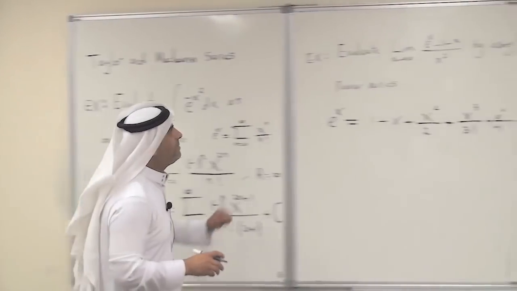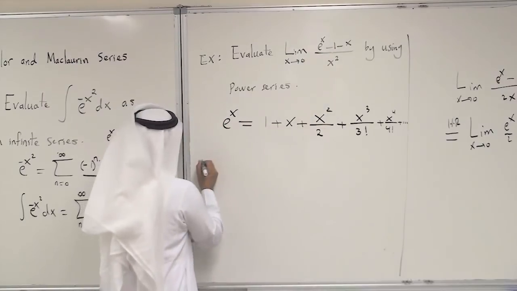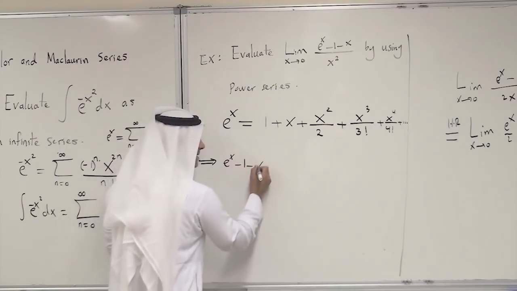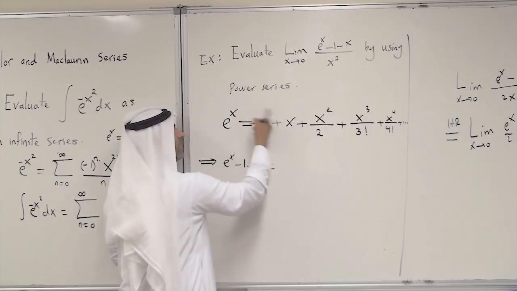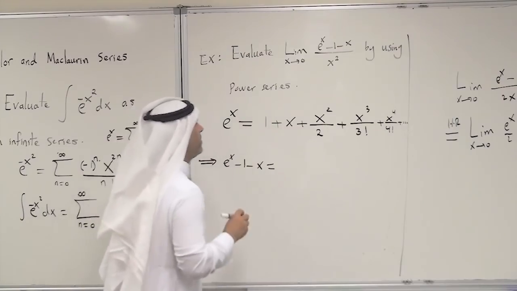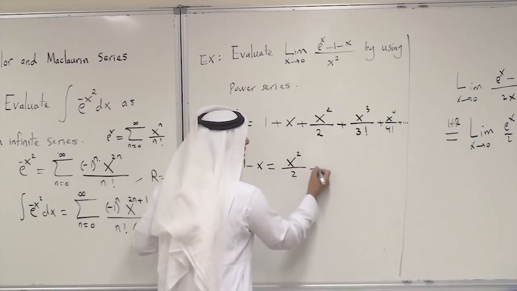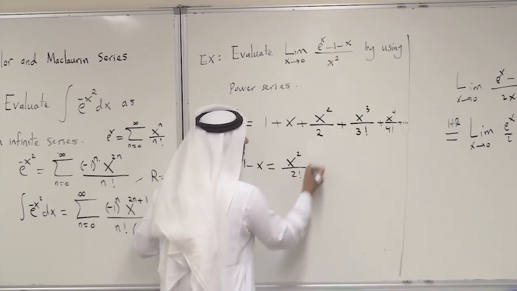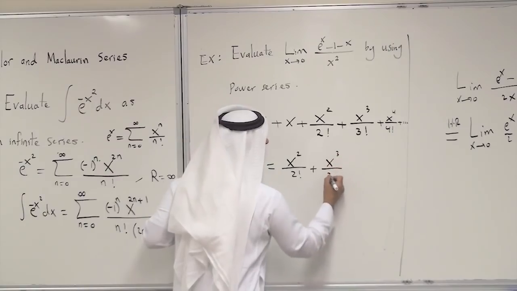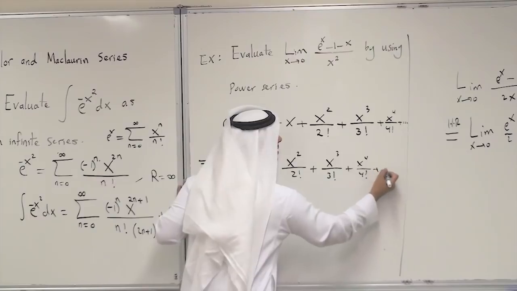Let us subtract 1 and subtract x from both sides of this equation. So this implies e to the x minus 1 minus x is equal to x squared over 2 factorial, plus x cubed over 3 factorial, plus x to the 4 over 4 factorial, and so on.